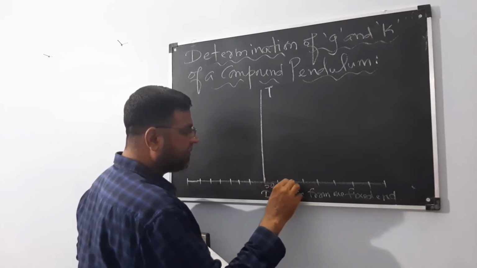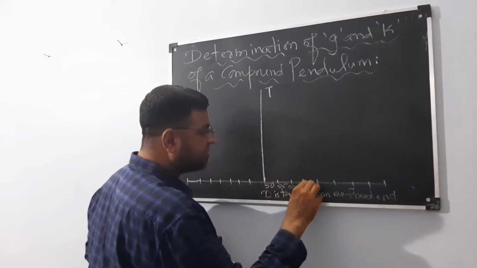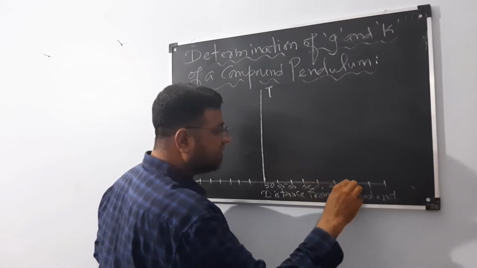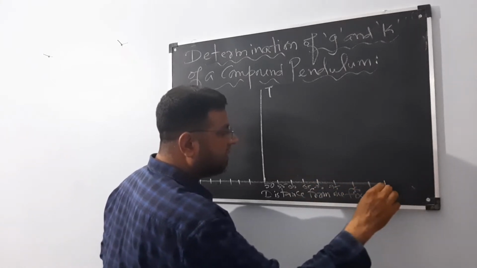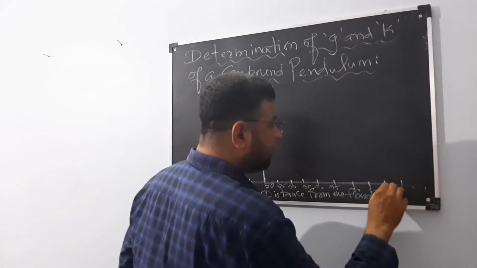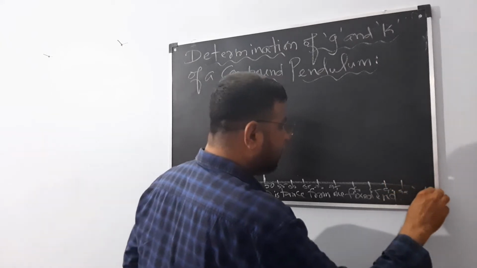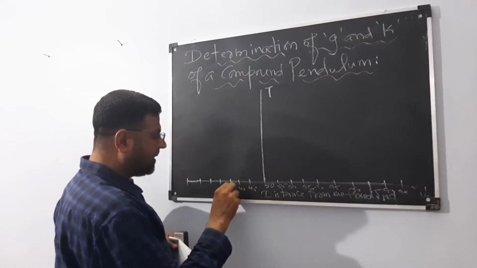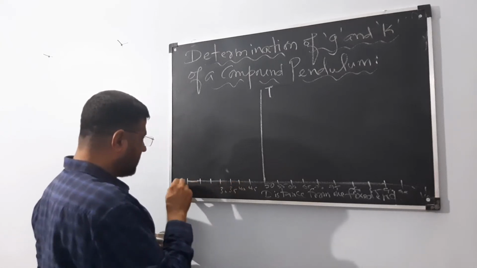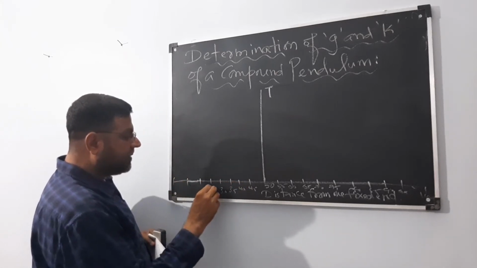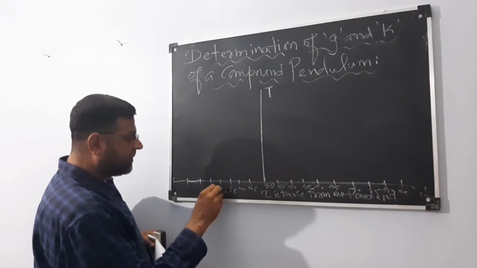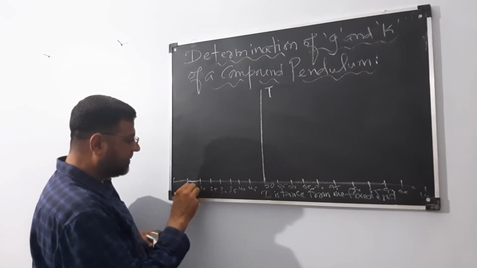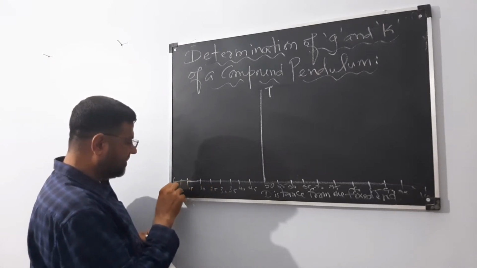So this will be your 55, 60, 65, 70, 75, 80, 85. This is your 90, 95, 100. Here it will be 45, 40, 35, 30, then 25, 20, 15, 10, 5.